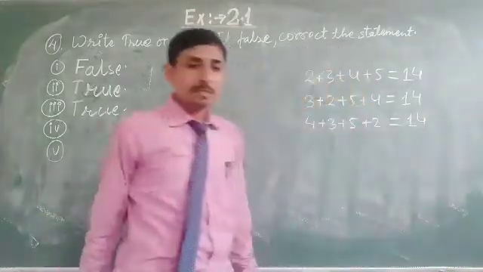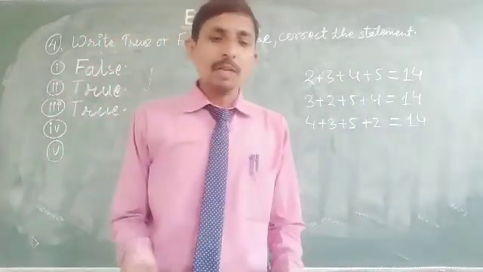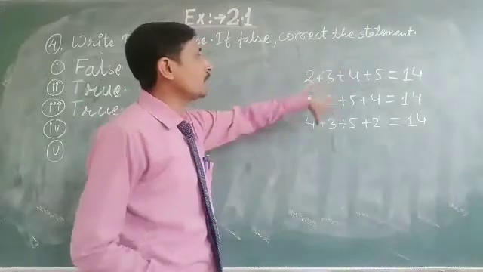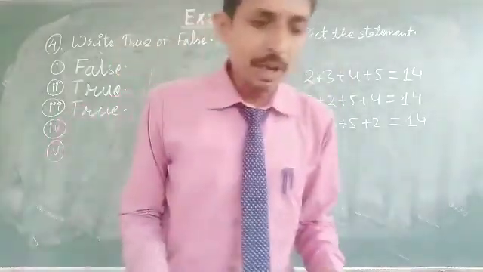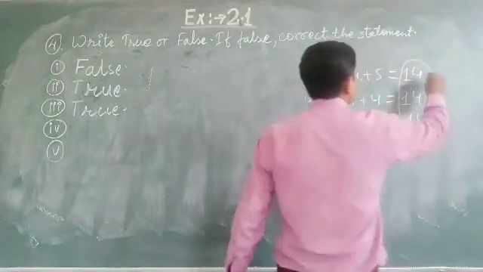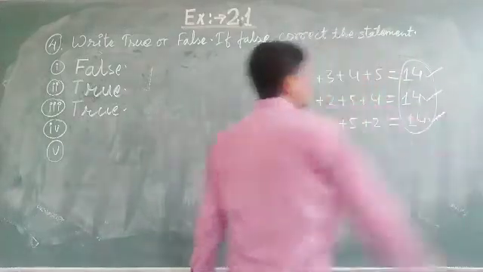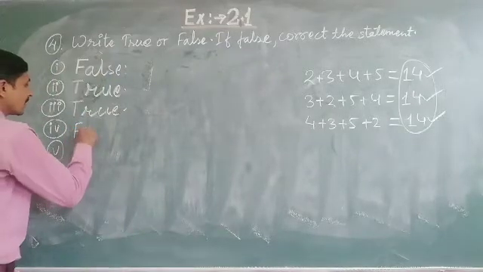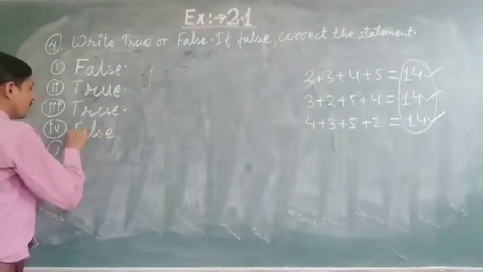So if we change the order in which 4 numbers are added, does the sum change? No, the sum does not change. You see the result? The result is always the same. That means this statement is false. We have to write false.